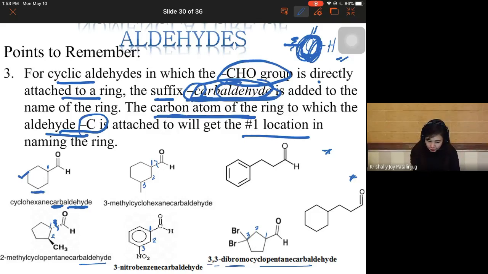If you look at the benzene ring here, you don't see an aldehyde attached. The carbon of the aldehyde group is still far away. Therefore, this is an open chain aldehyde. As in the earlier slides, open chain aldehydes use the suffix al. Al lang ang gamiton nga suffix. So they are not cyclic aldehydes. They are open chain aldehydes.